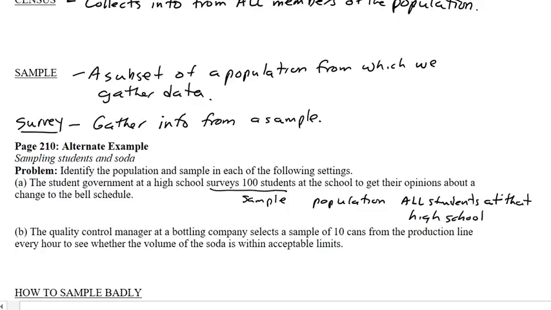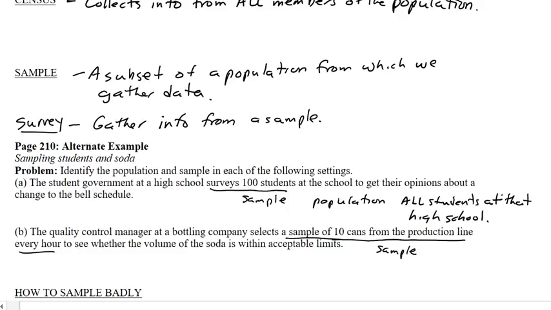Okay. B, the quality control manager at a bottling company selects a sample of 10 cans from the production line each hour. Let's underline that, 10 cans from the production line every hour to see whether the volume of soda is within acceptable limits. So this would be the sample, because it says sample right there. Okay.